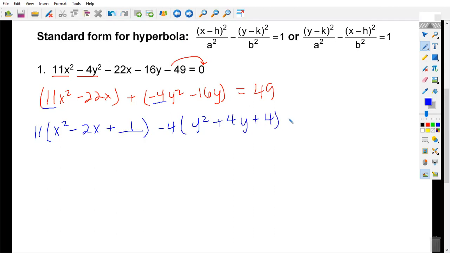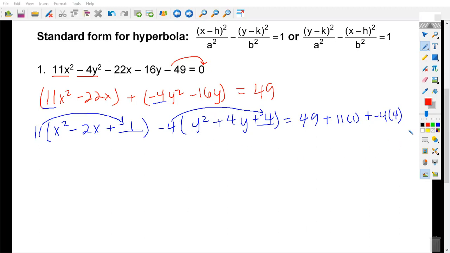Equals 49. Because we factored out, we're not just adding 1 and 4, we have to add 11 times 1 plus negative 4 times 4. Okay, so that's step 2: factor out, complete the square.